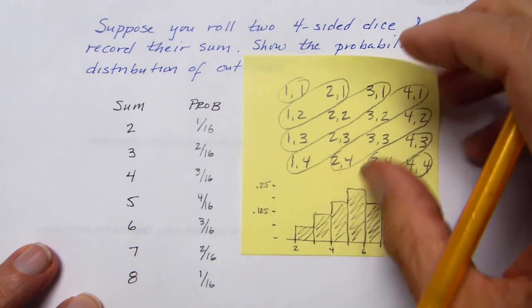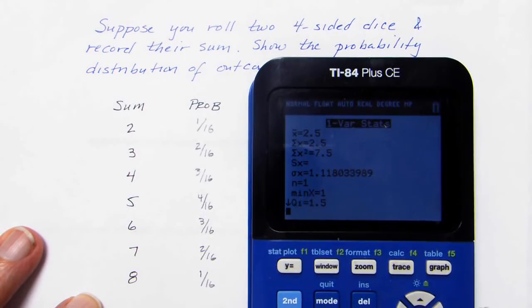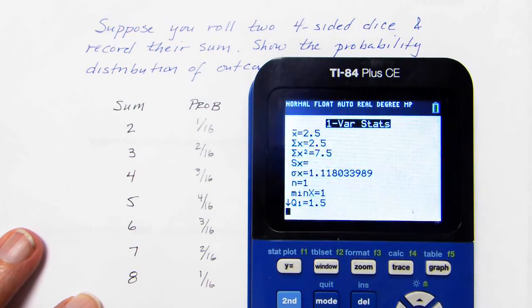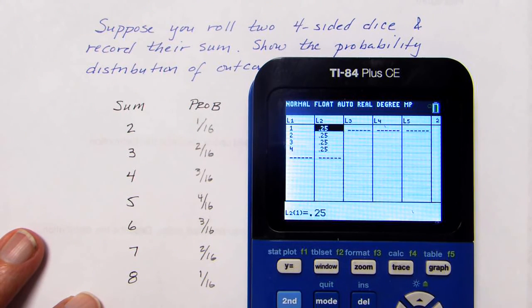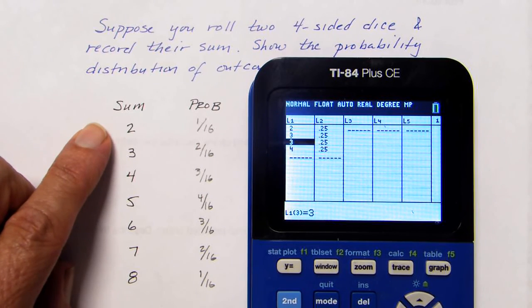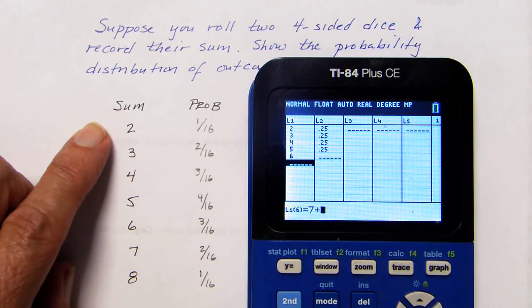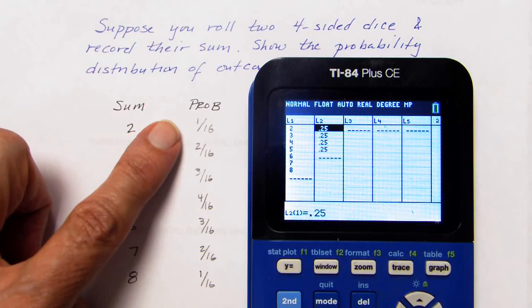So this time I'm going to use the calculator to get the statistics. Let me go back to my lists, and I'll just type over these: 2, 3, 4, 5, 6, 7, and 8. Then we'll go to the other side, and you can actually put fractions here as well.